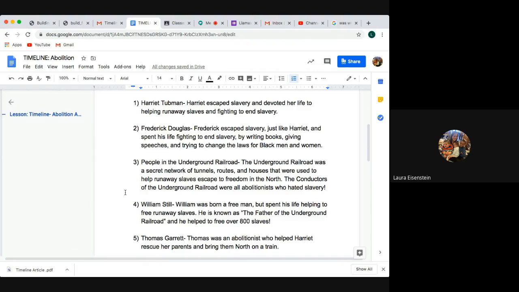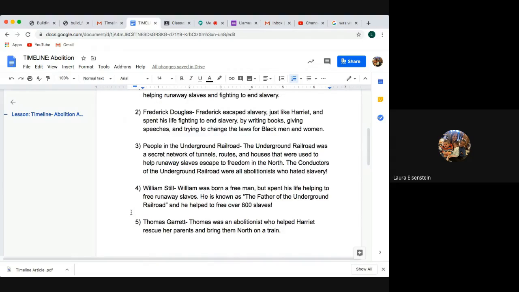Remember that the abolitionists who helped the runaway slaves on the Underground Railroad, they were called conductors. Just like how a real train has a conductor to drive it, the abolitionists were called the conductors of the Underground Railroad, and they all hated slavery.